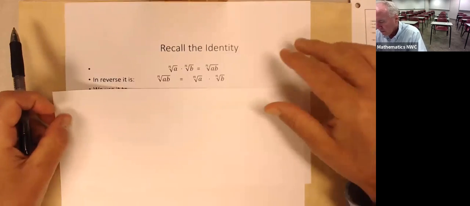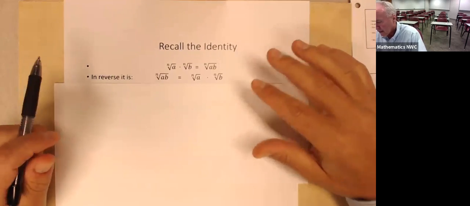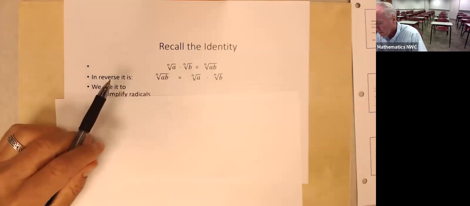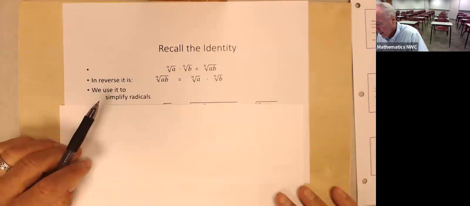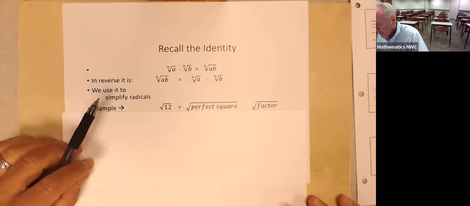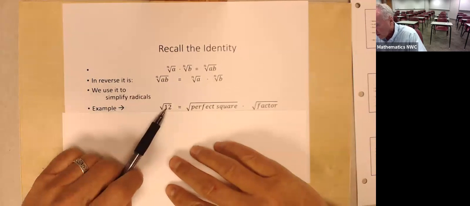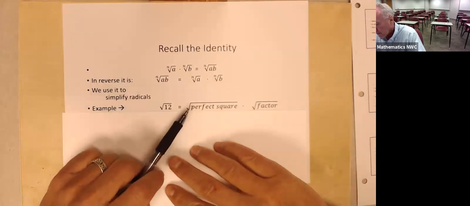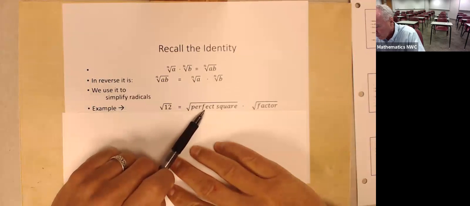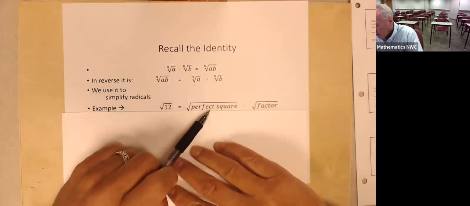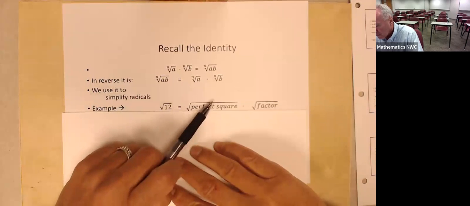We're looking at reverse here again, so we're looking at this second one where I'm looking for factors. As I mentioned, sometimes we can use it to simplify radicals. For example, the square root of 12, this is not always possible, but if you can find a perfect square that's a factor, that perfect square can be reduced.